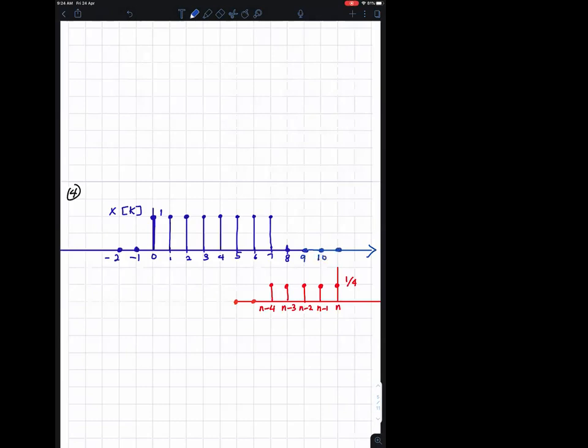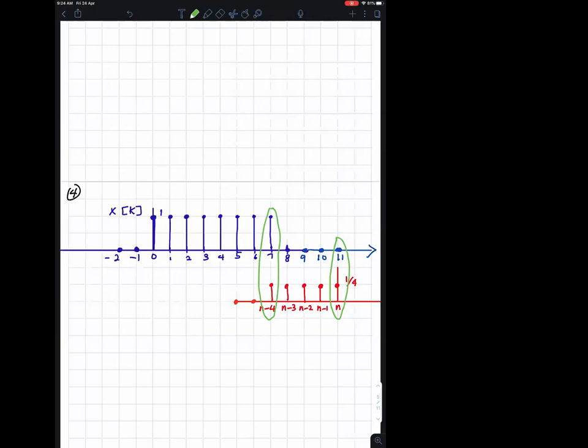9, 10, 11. So when you align this here, the other end extends until 11, and k is 11. You're aligning n minus 4 with k is 7 on the left side.